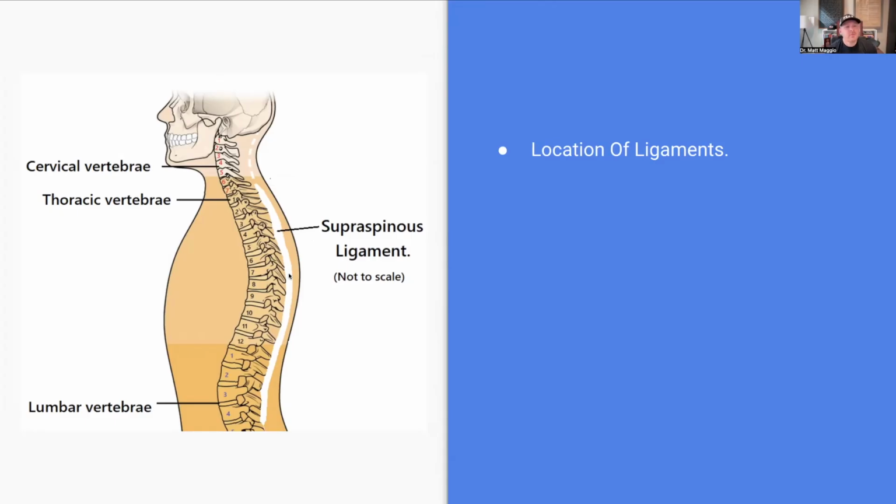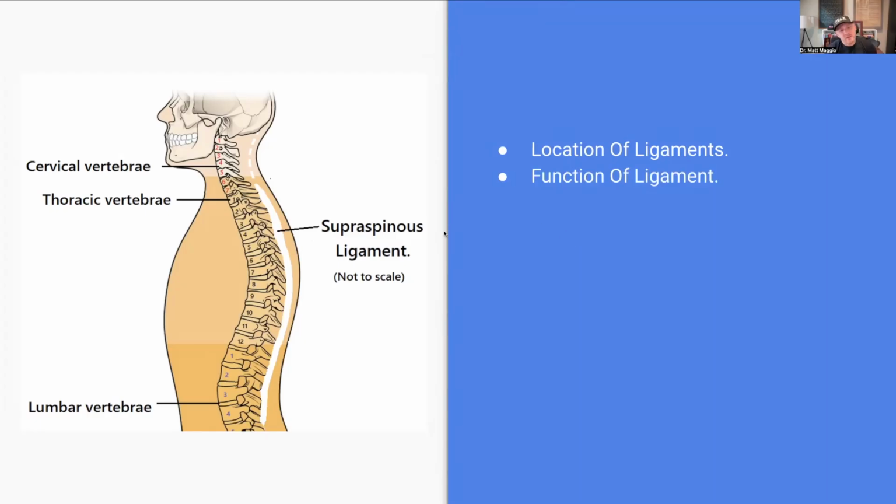From an anatomy standpoint, up top, basically from C1 to C7, it's called the nuchal ligament, and then it becomes the supraspinous ligament as you go down. For this area, what I'm really going to be focusing on is from about T1 to about maybe T5 or T6. This is where I'm going to find a lot of that dysfunction in that ligament, especially if they're presenting with that mid-back pain that looks like a rhomboid problem.